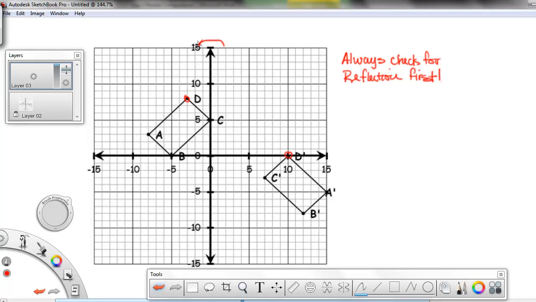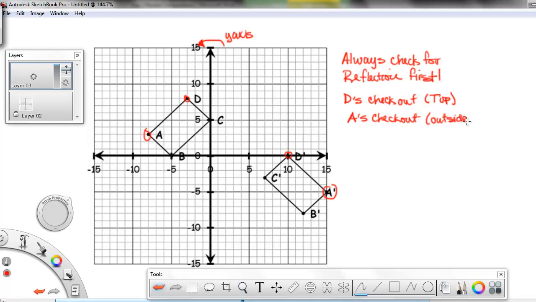You can see both of those are on the top. If we were reflecting around the y-axis, they'd both stay on the top. So the D's check out. Let's take a look at the A and A prime. They're both on the outside, so the A's check out. If it's a reflection, they both should end up on the outside.